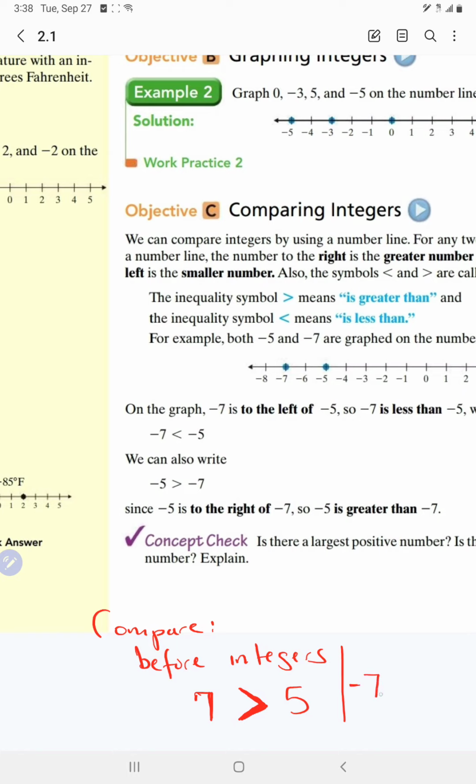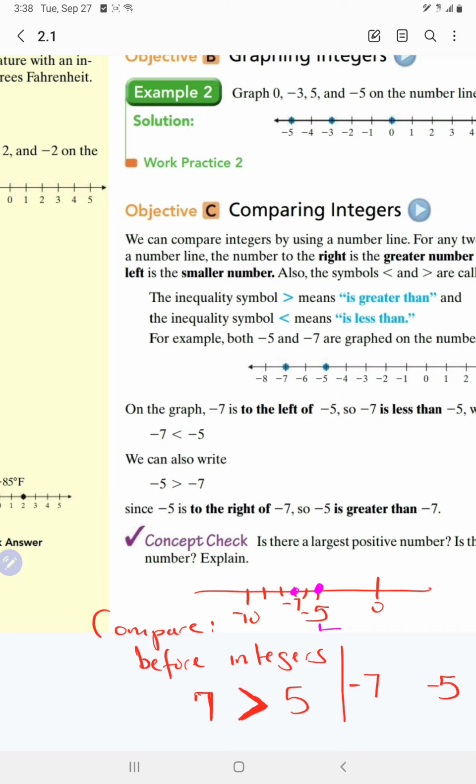Now that we are working with integers, we have to think a little bit more carefully, because on the number line, here's 0, here's -5, and here's -7. -5 is right here, -7 is right here.